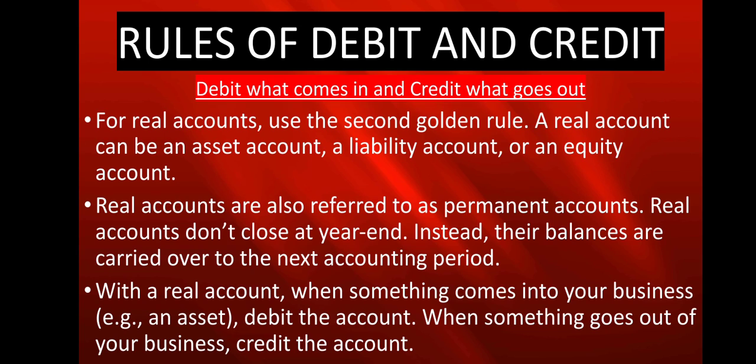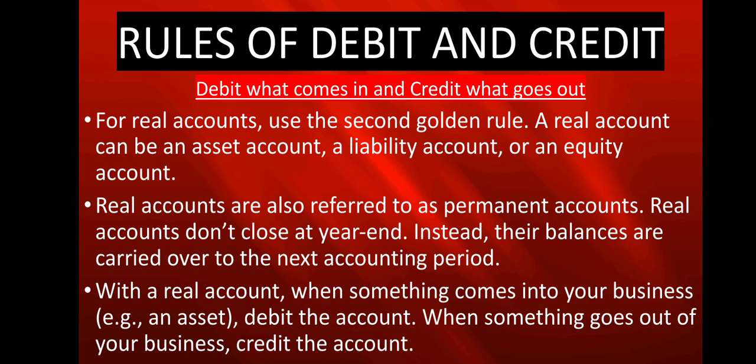What is real account? Real account is about assets, liabilities and capital. Correct? Now, an asset might come in your business, it might go out of a business. A liability might come in a business or it might go out of the business. Capital also can come in a business and it might also be given out.